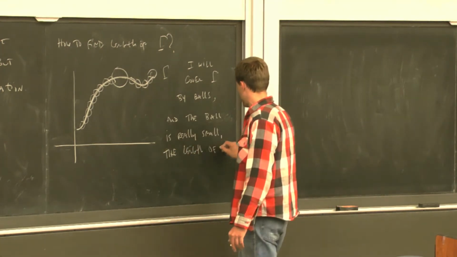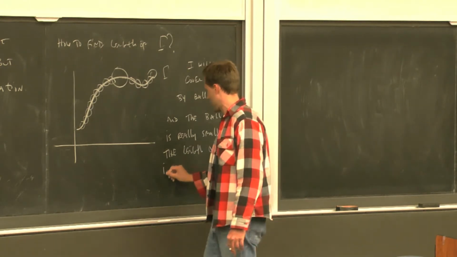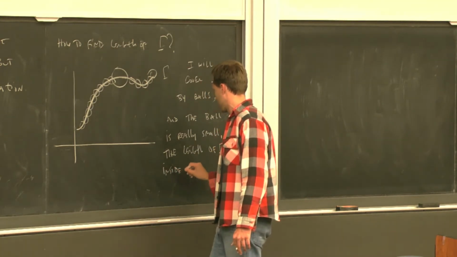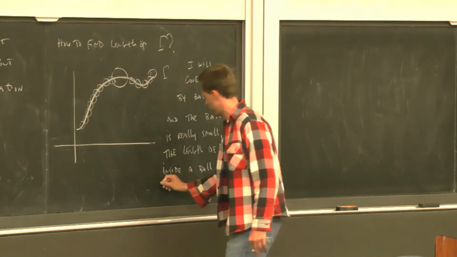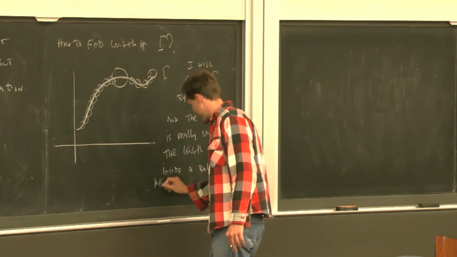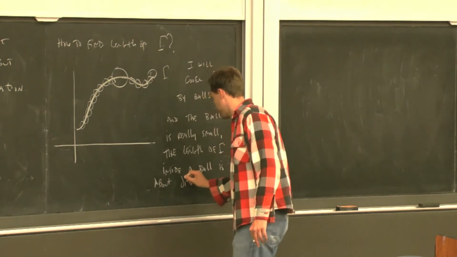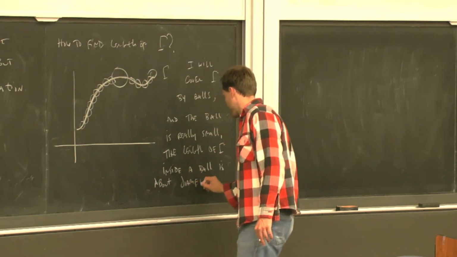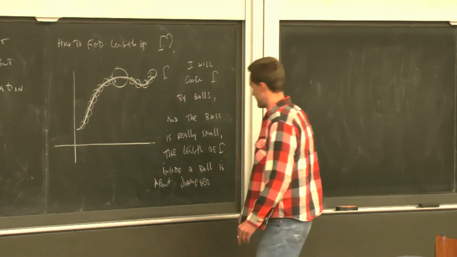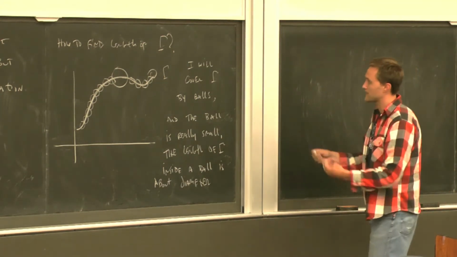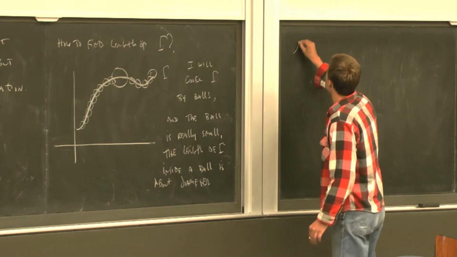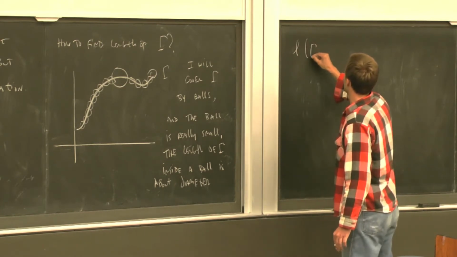The length of gamma inside a ball is about what value? Exactly, about the diameter. And so again, we'll do the exact same thing, right? So let's do this, the length of gamma.